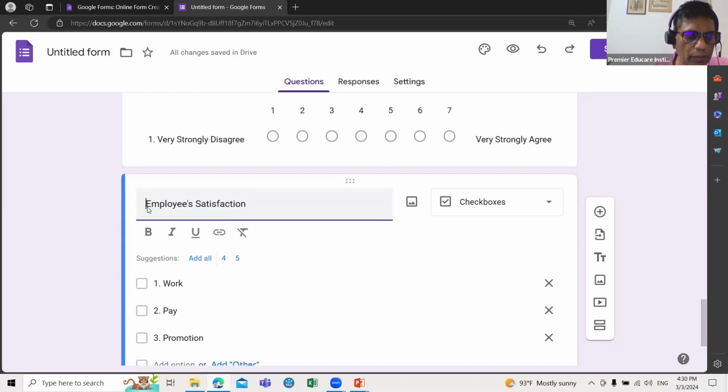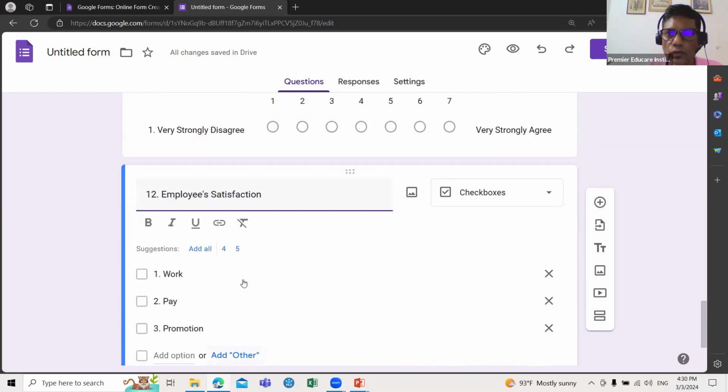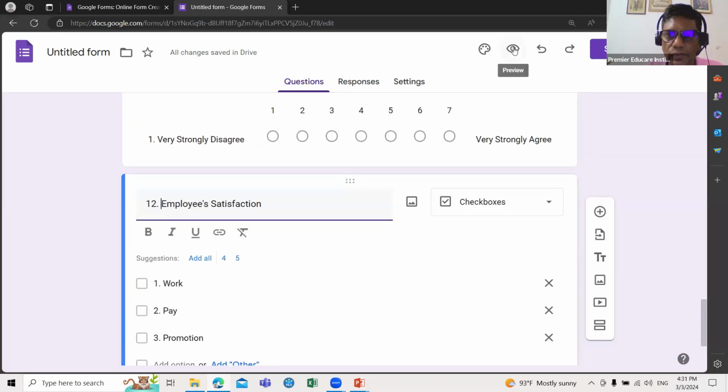In the questionnaire you have 3, but in this special method, you can put all these options in one question, right? I will show you. So let's go to check here.